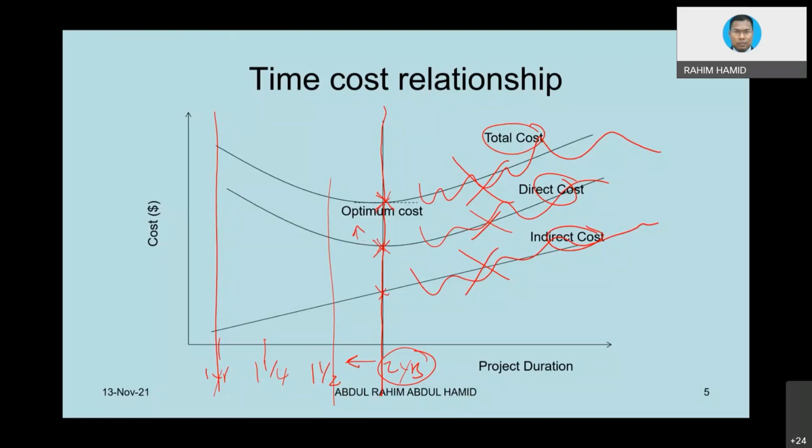Indirect cost is okay because when you compress the project, you are not going to rent, pay bills, etc. But that is not going to be a lot. It only costs you less than 10%. So when you add the direct cost value with the indirect cost value, for sure, the direct cost value is much bigger than that. So still, the total cost graph will be this kind of curve. So whatever it is, the conclusion is that the cost is going to go up.